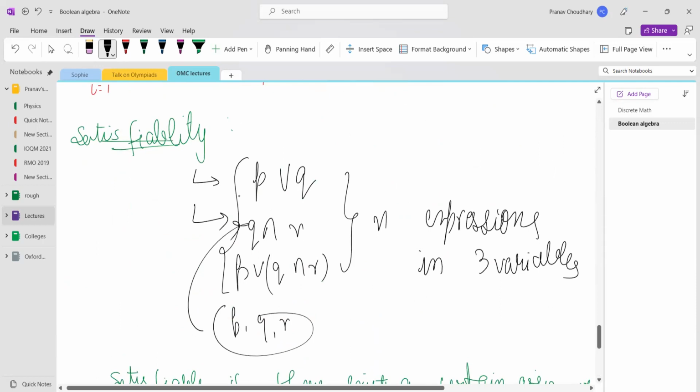I'm assuming you know what a propositional variable is and what AND and OR functions are, because if not, that'll take too long to go over again.